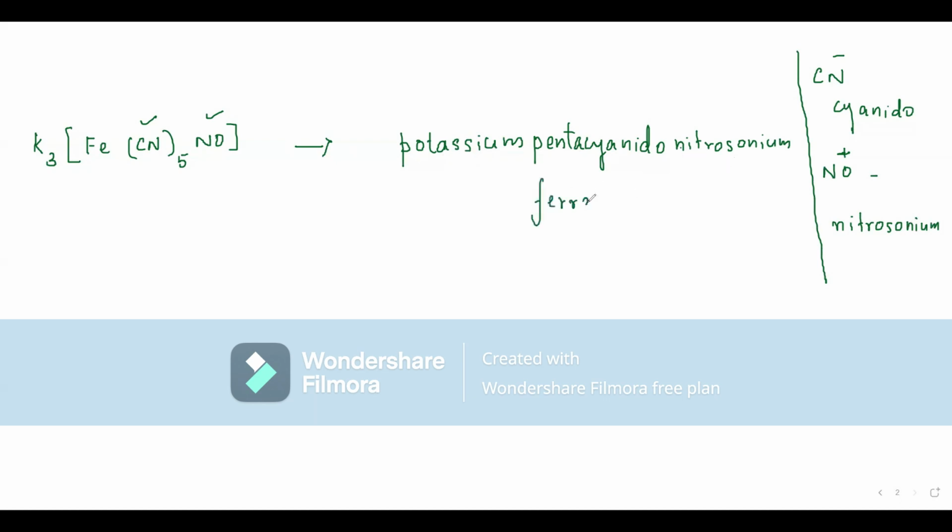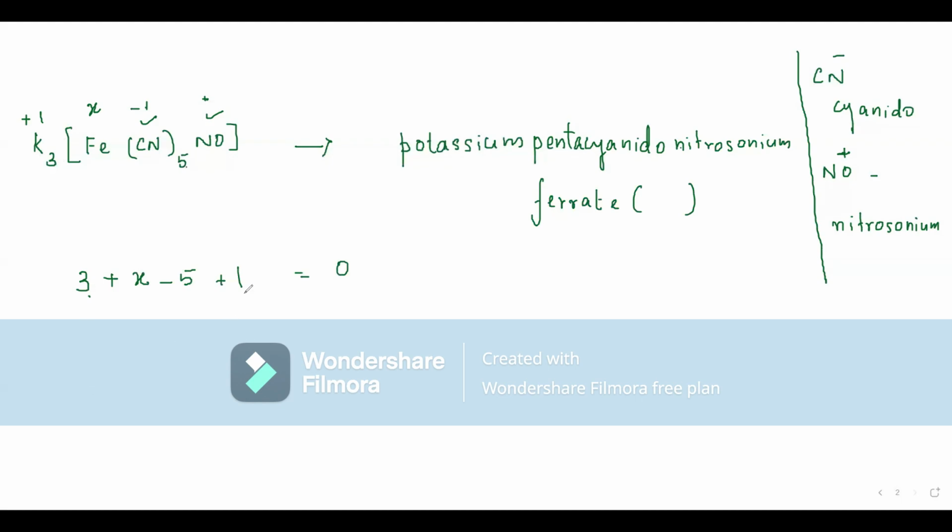The metal is ferrate. Open and close the bracket to write the charge. So I'm assuming this to be X. Each potassium is +1, each cyanide is -1, and nitrosonium is a positively charged ligand. So the total charge is 3 due to potassium, +1 into 3, plus X, -1 into 5, -5, plus 1 is equal to 0.